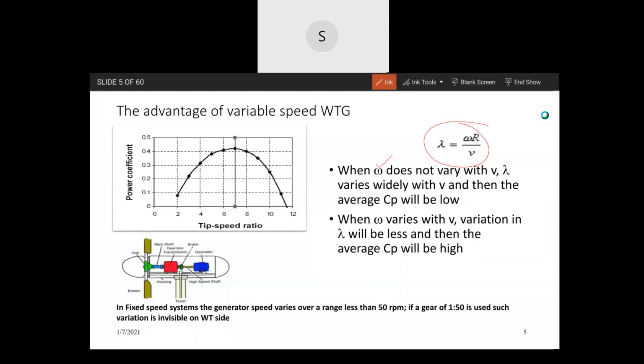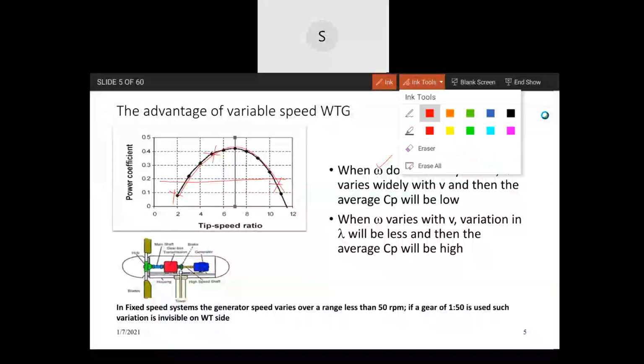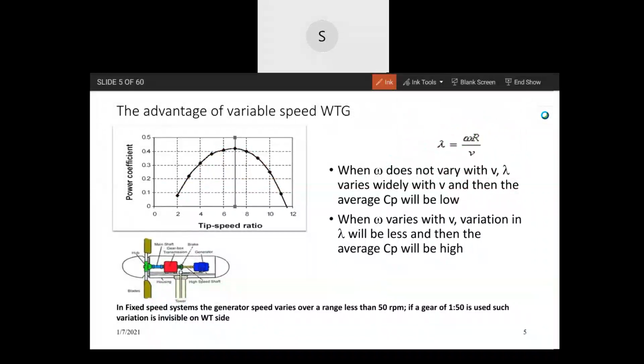For example, the operation at the minimum wind speed will start here, and at rated wind speed it will be here, and the final cutoff wind will be at a wide variation of lambda. The corresponding CP values, if you see, and if you take the average, that will be a low value. And suppose the turbine is able to vary its angular speed, the shaft speed, along with the speed variation. If omega varies with V, then the variation in lambda will be less.